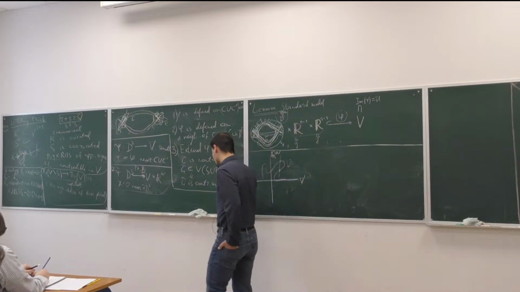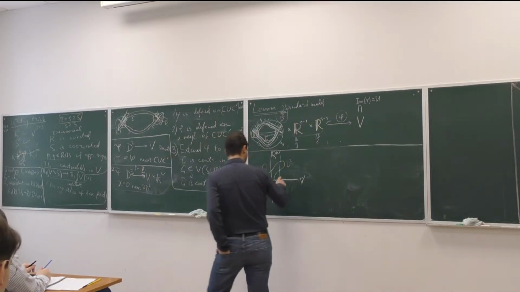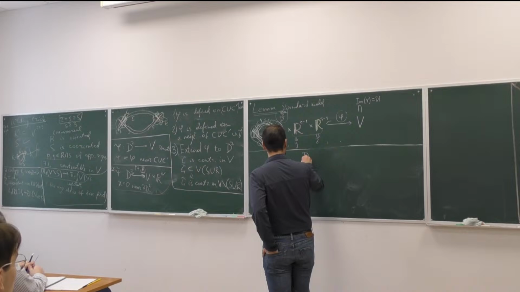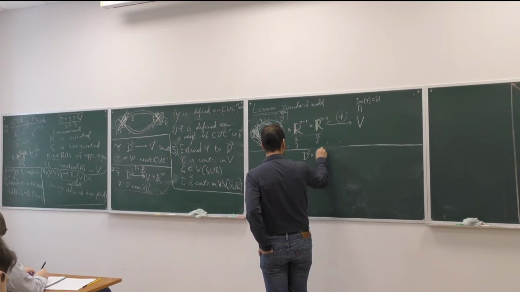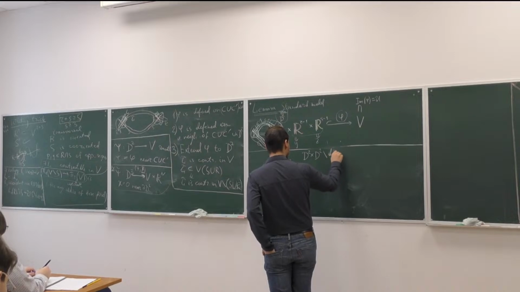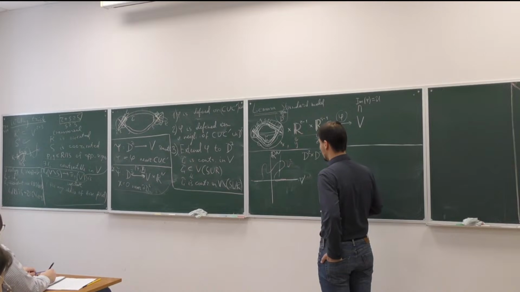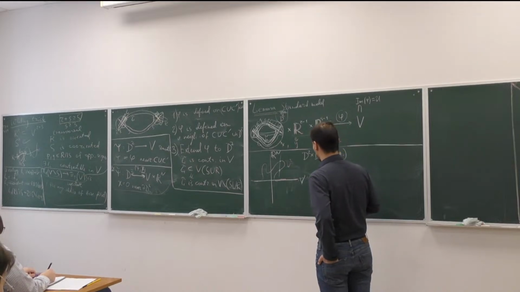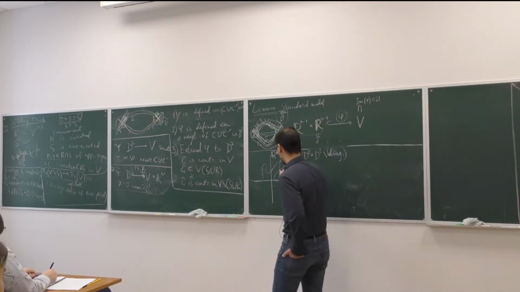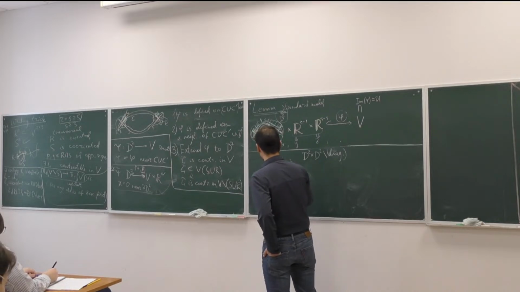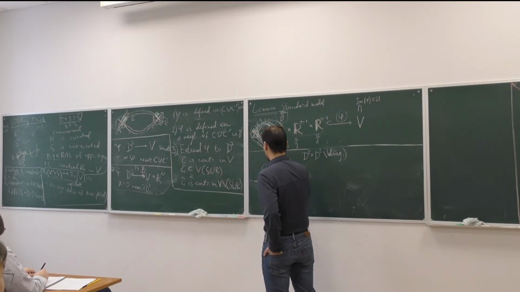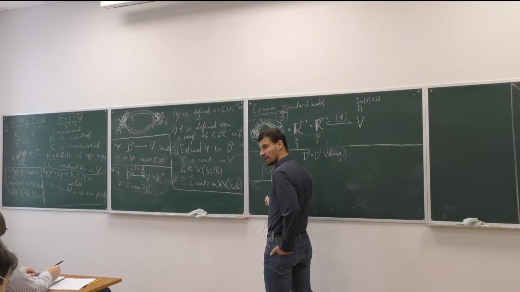So we get a map from D2 cross D2 without the diagonal. To every two points x, y, we assign a direction of the corresponding line.